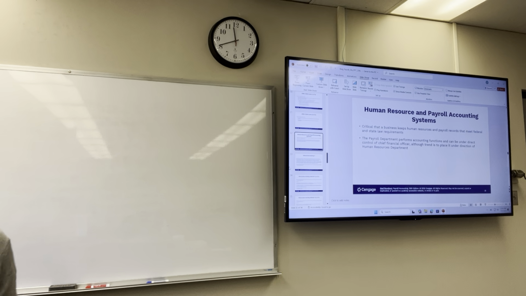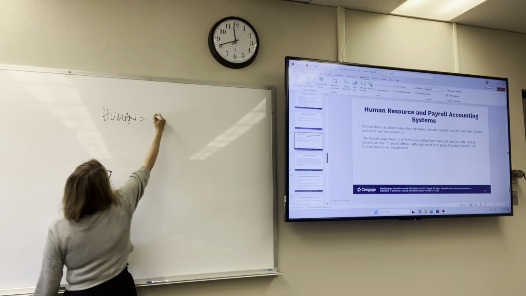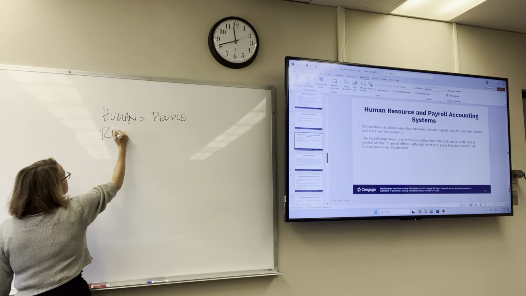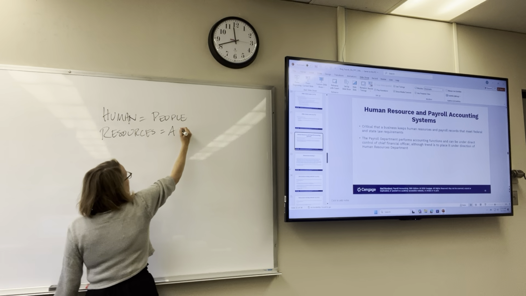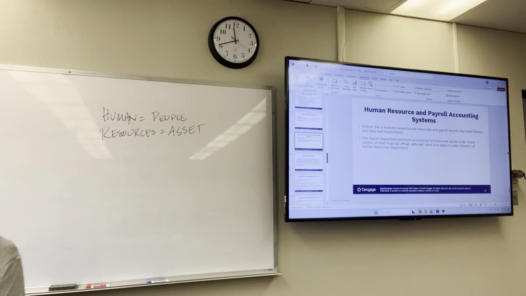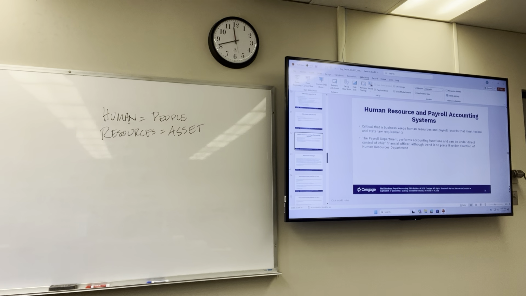So, human resources: human, obviously, is people, and resources are an asset. So the assets of the organization, and human resources manages that human asset of the organization throughout the life cycle of the employee.